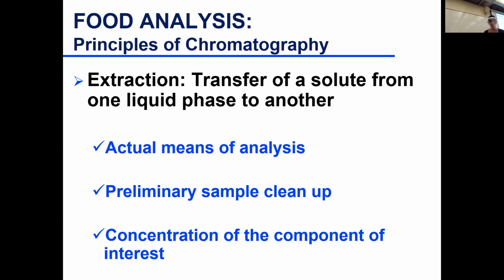Sometimes if you want to analyze sugars, mono-, di-, and oligosaccharides, in a particular food, you have to defat first. So you would extract the fat using an organic solvent, hexane, for example, so that you can get to the analysis of your sugars.